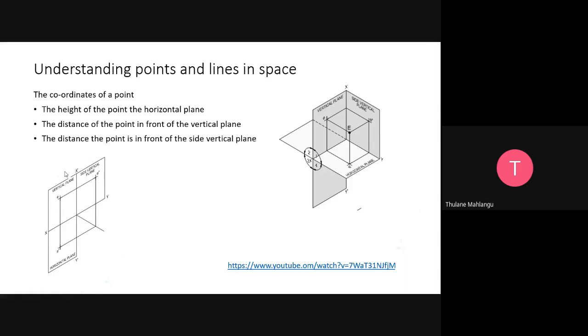So it has also a vertical plane, right vertical plane, and horizontal plane. But from the pictorial drawing, what happened with the horizontal plane and the side vertical plane is that the horizontal plane unfolds to align straight with the vertical plane. If you can look at the orthographic drawing there.